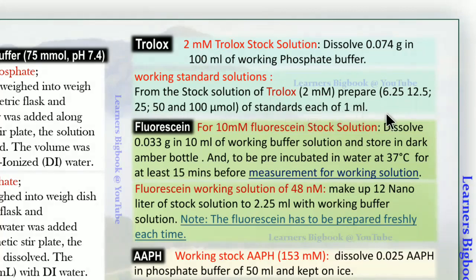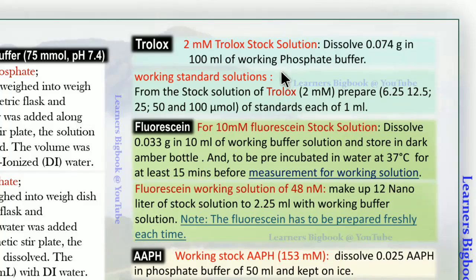Here we are going to prepare different standard references of micromolar concentrations. From the 2 millimolar stock, you have to make these on your own, because there are many online portals which help you to calculate, and I believe you are all efficient in doing these calculations and taking the perfect concentrations while performing the experiment.